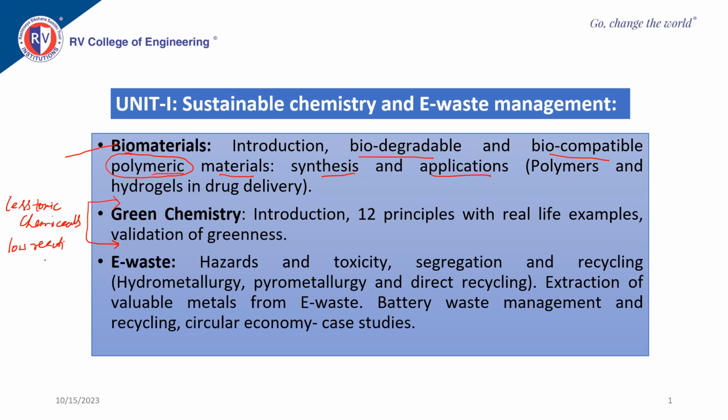By and large, everything is focused on these two aspects without compromising on the efficiency of the reaction. It is not that by using less toxic chemicals the product yield is affected drastically. We choose such chemicals that the product yield still remains at a significant level, by reducing the toxicity generated by the overall reaction.